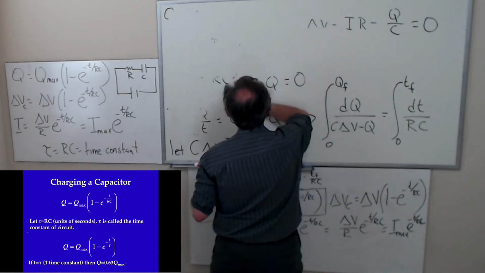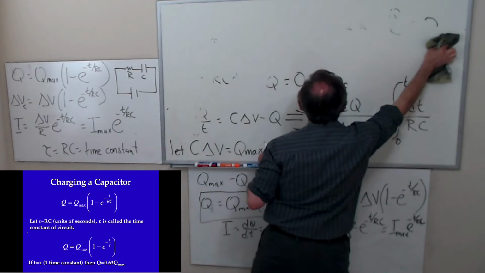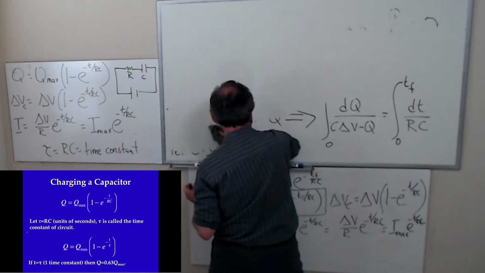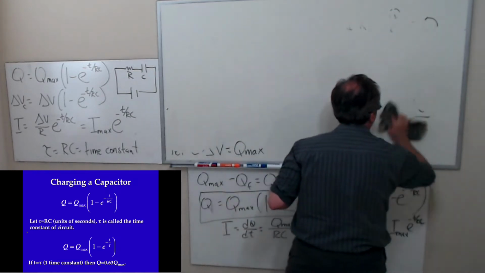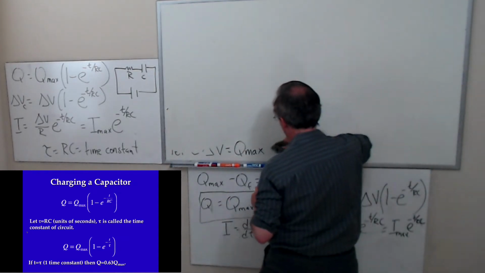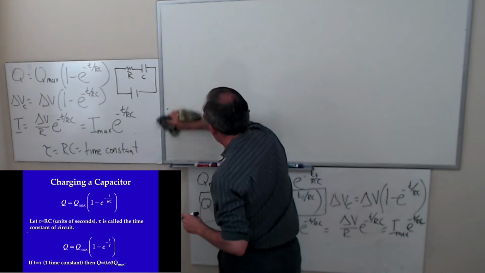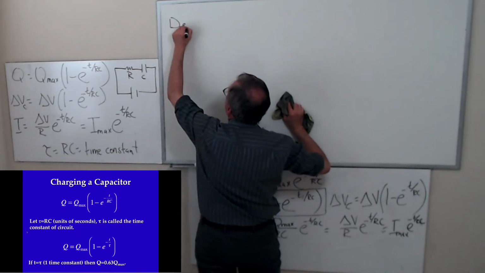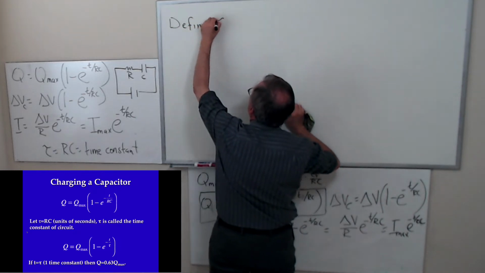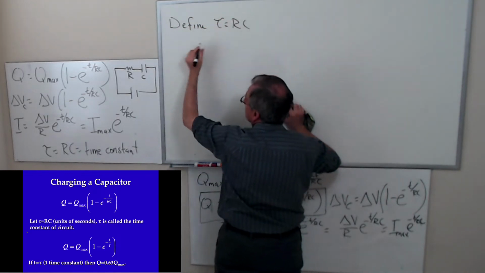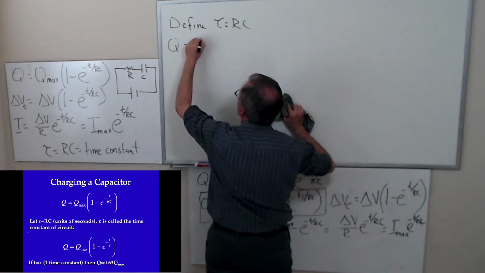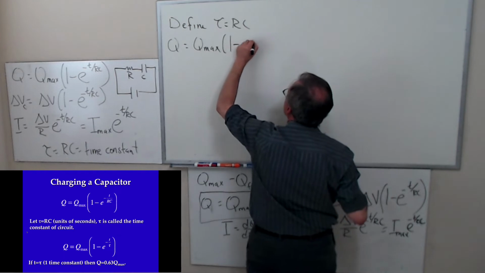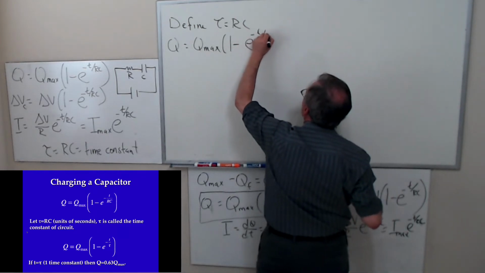So what does this mean? Well, after one time constant, what's the charge on the capacitor? We can ask that question. If we define this, then we can write Q equals Q max times 1 minus e to the minus t over tau.